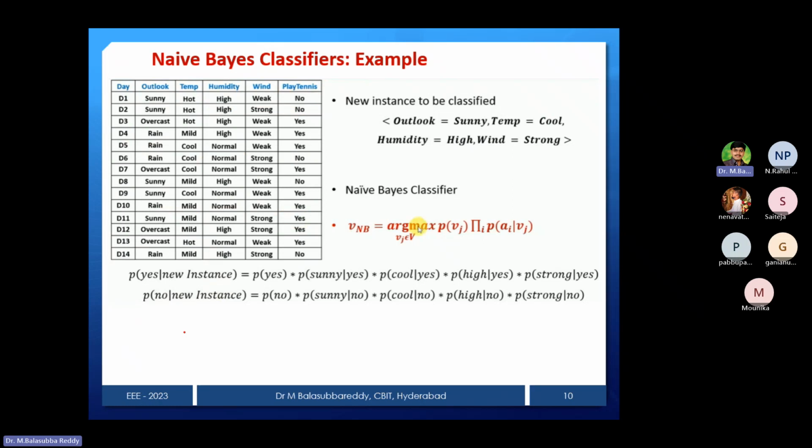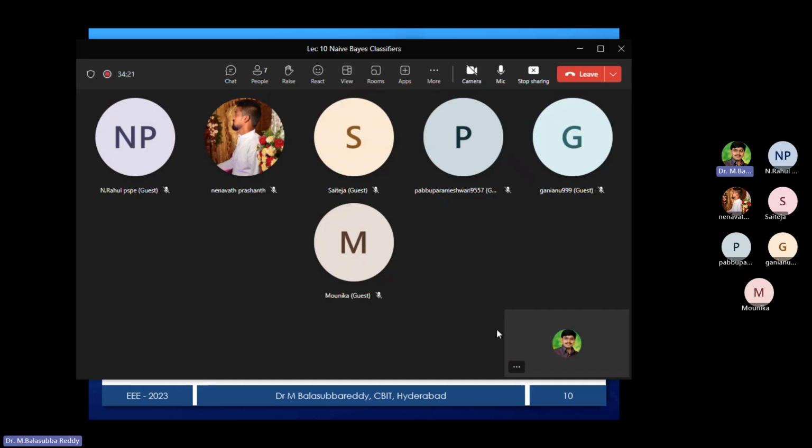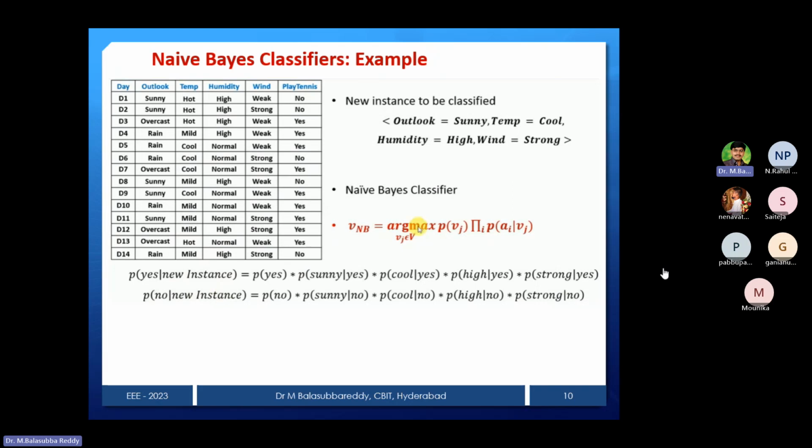And from the available data, what we have to do is we need to find what happens when new data comes. So now the question is, after some time, after 1 month, the data point may be like this.